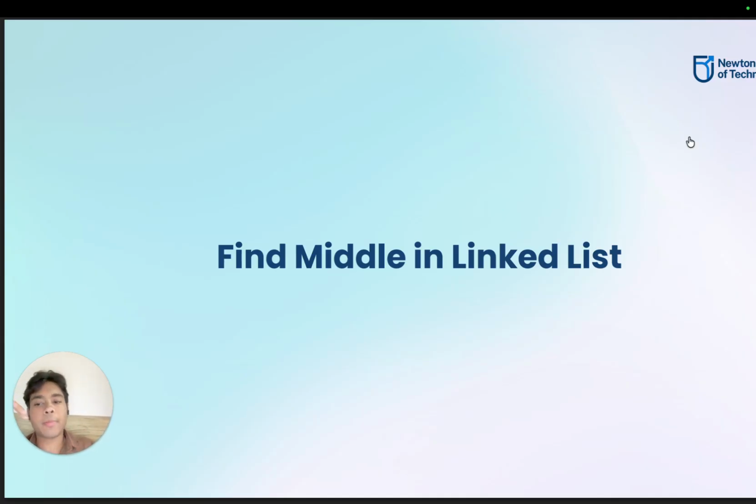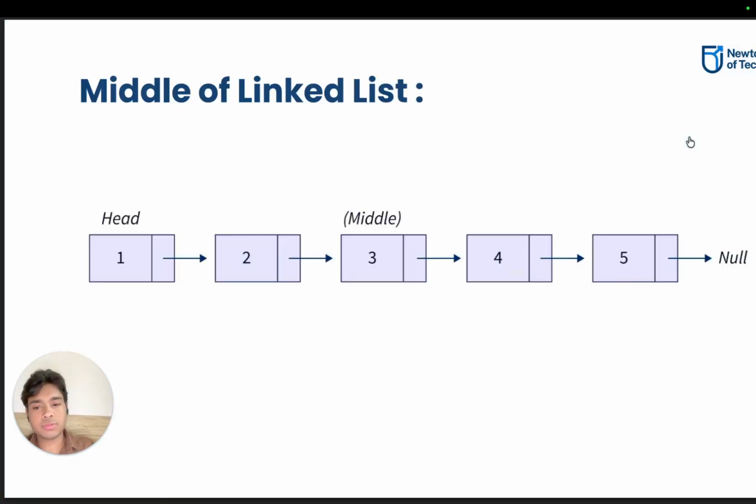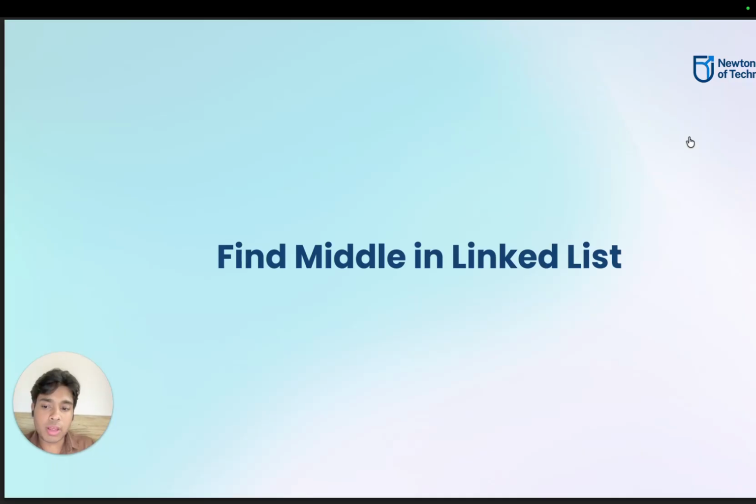Like I have 1 2 3 4 5 6 7, and I have to find the middle one. It's simple: there are a total of 7 numbers, so I will add 1 and divide by 2 to find the middle element. The linked list also works in the same concept.